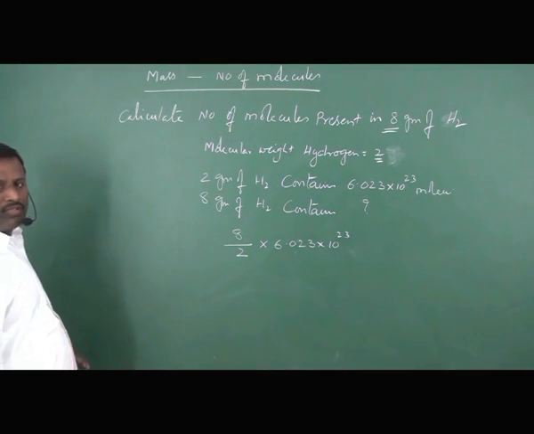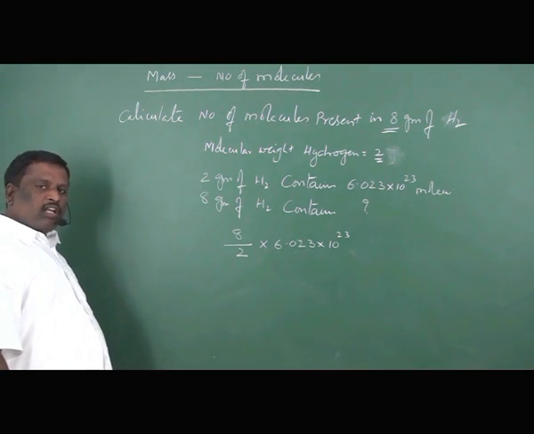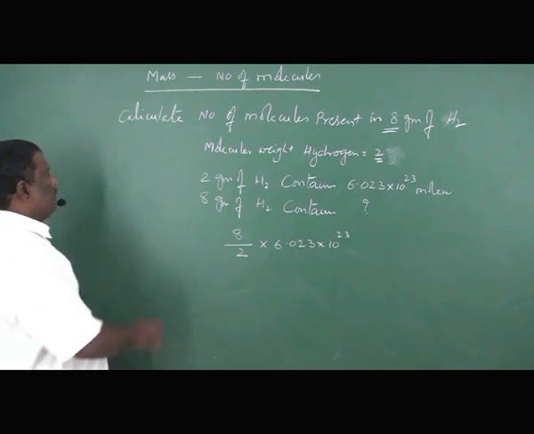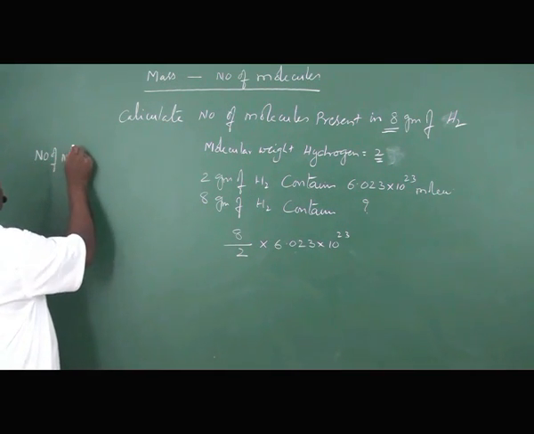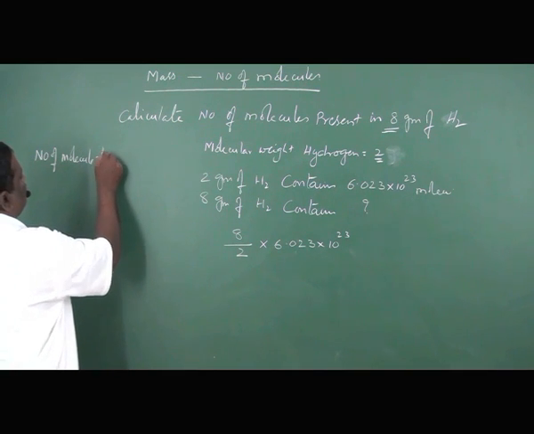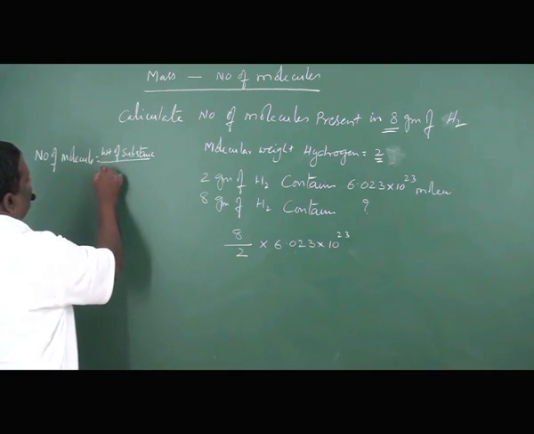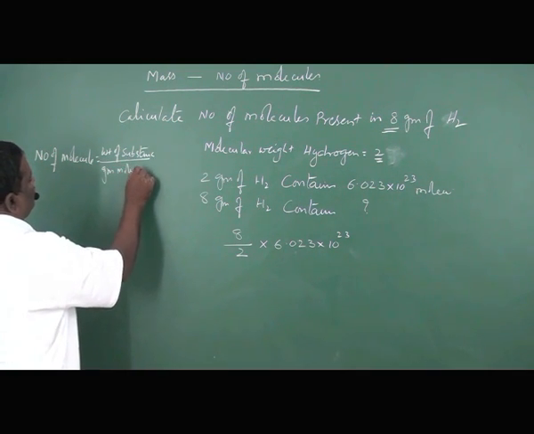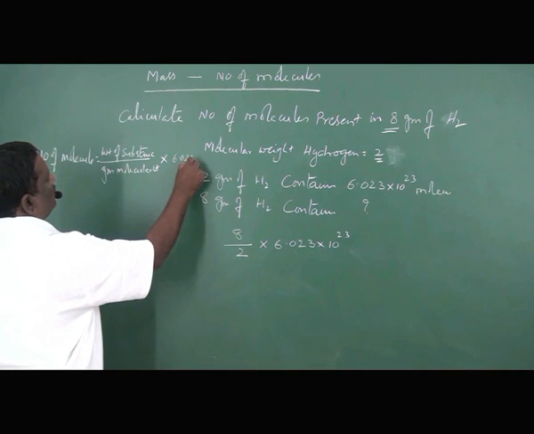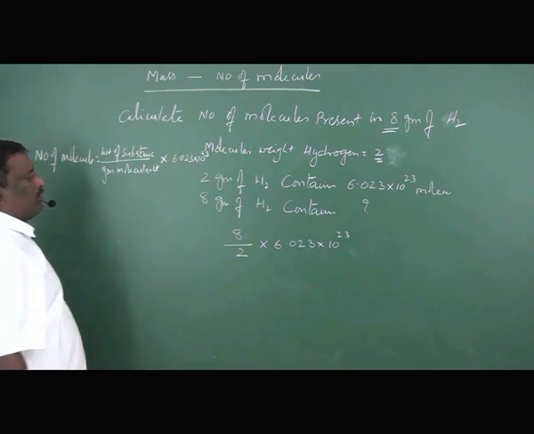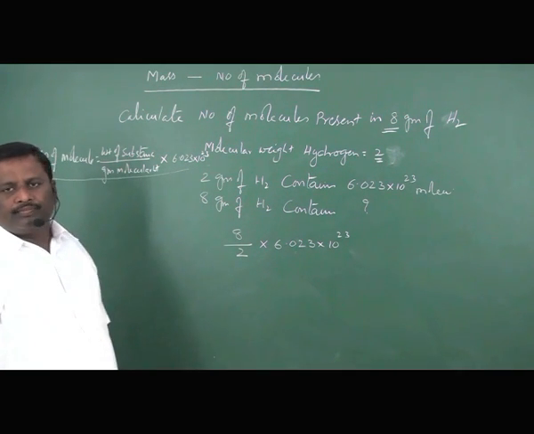If the weight of the substance is given and they ask us to find the number of molecules, the general formula that you may remember is: number of molecules is equal to weight of substance by gram molecular weight of substance into 6.023 into 10 to the power 23. This is the general formula.